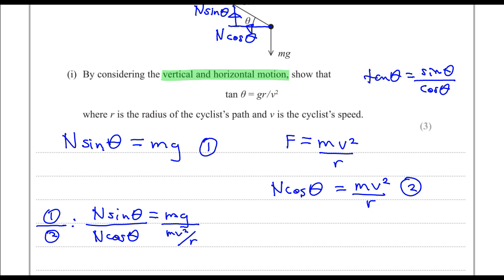We will have the n's cancelling each other, the m's will cancel each other, and sine theta over cos theta will be tan theta. Then we have g divided by v squared over r, which we can write as tan theta is equal to gr over v squared.